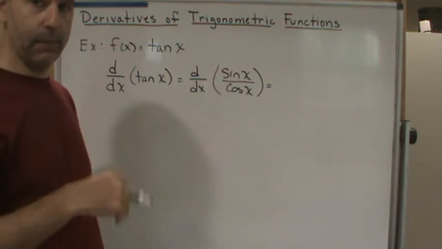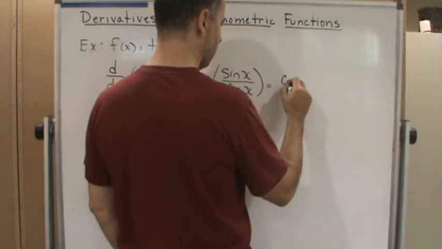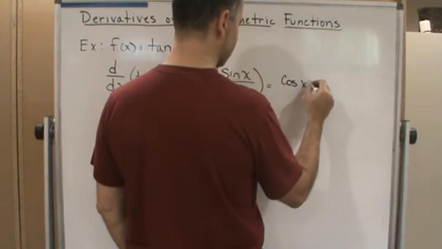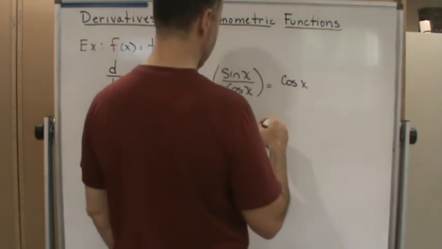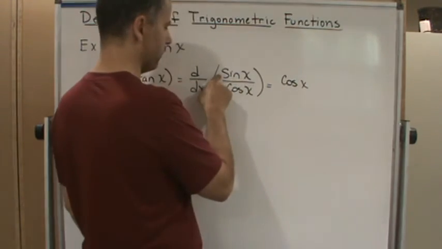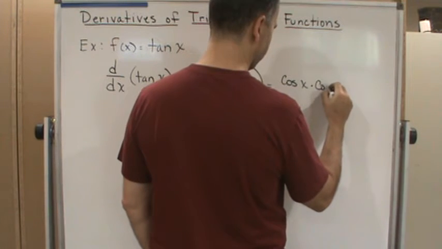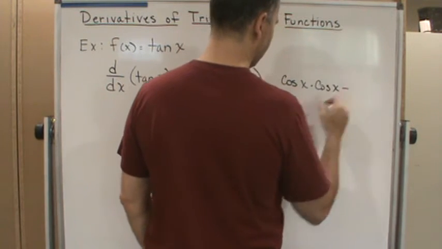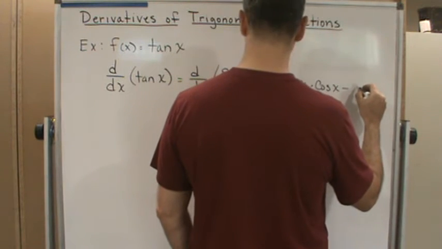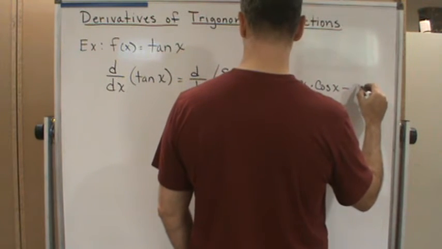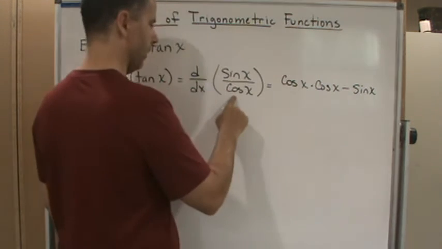Remember, low d high minus high d low over low squared. So it's going to be cosine x times the derivative of sine, which is cosine, minus high d low, which is going to be sine x times what?